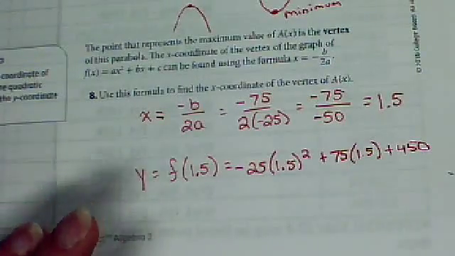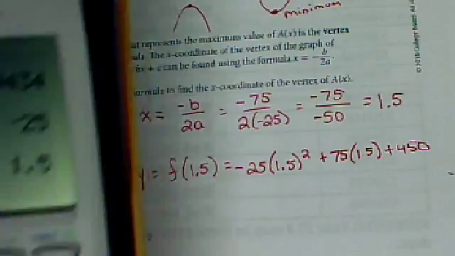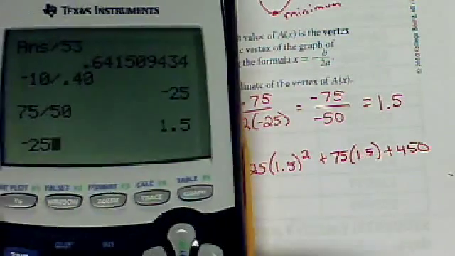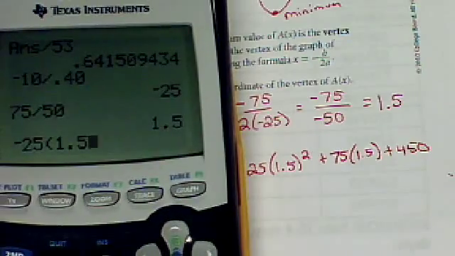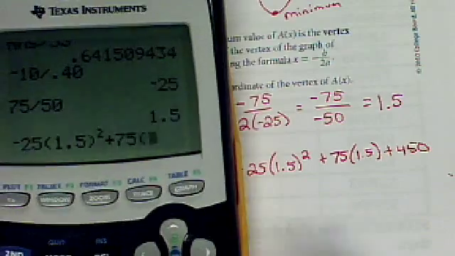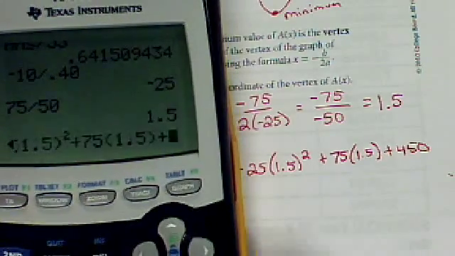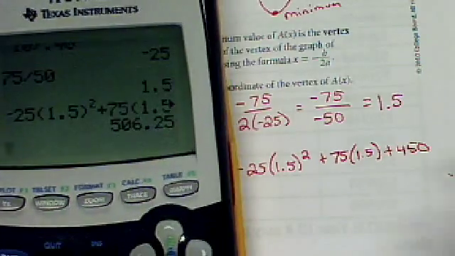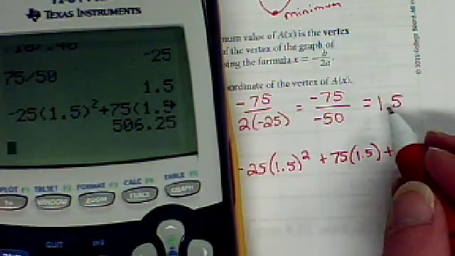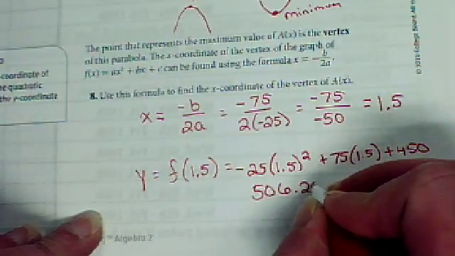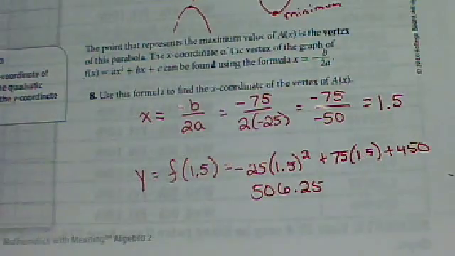And if we put that into the calculator, so let's go over here. That was negative 25 times 1.5 squared plus 75 times 1.5 plus 450. And we get that the y value that goes with 1.5 is 506.25. And indeed, that was exactly what we got with the calculator.